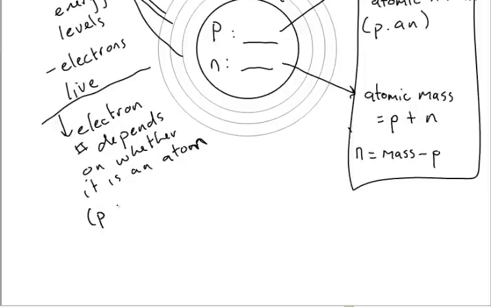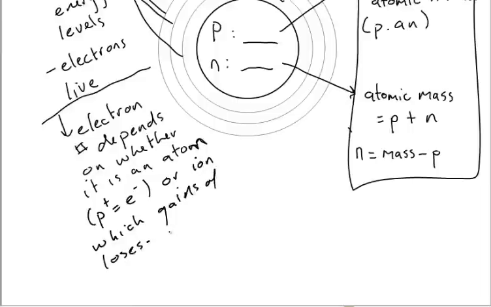So protons equal electrons, or ion, which gains or loses electrons to achieve a full valence shell. Well, that's a question.